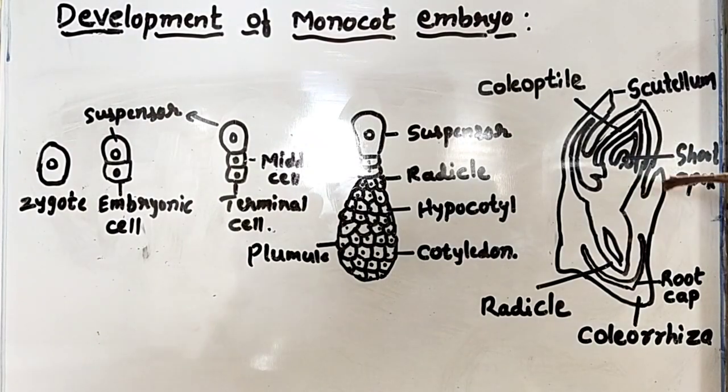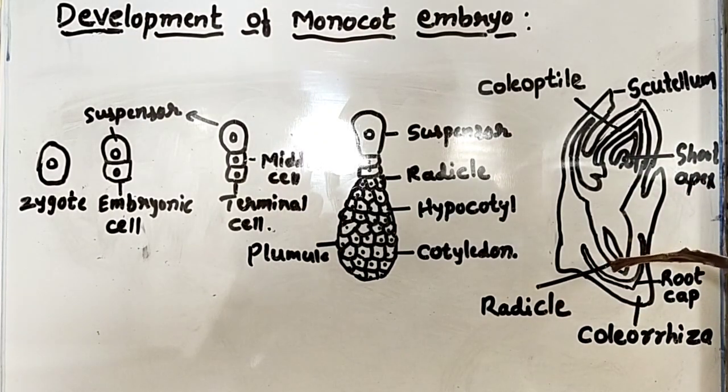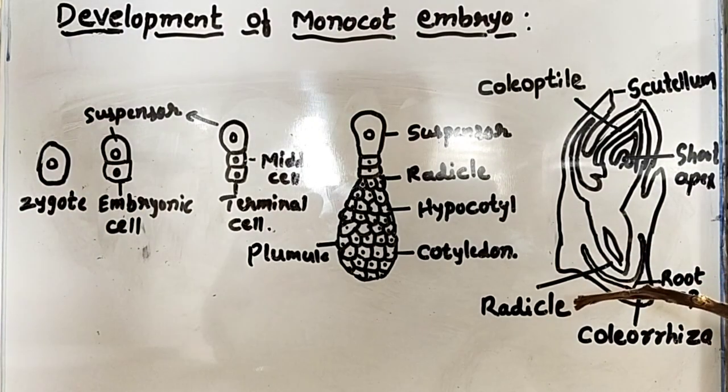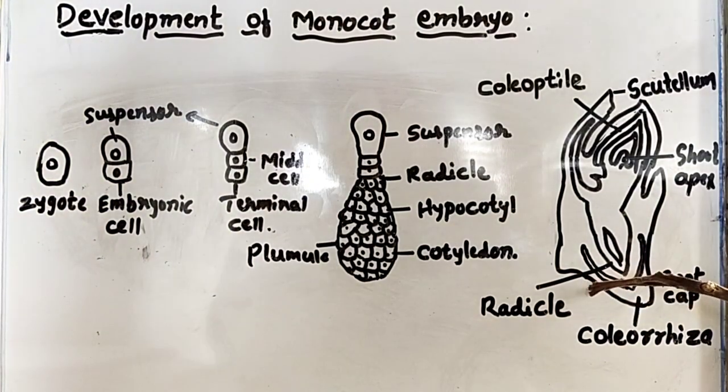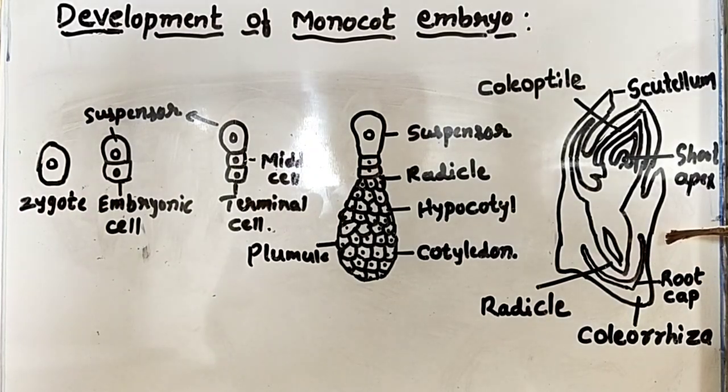Next, there is the presence of the radicle. This radicle is the root apex. It is enclosed in a covering, and that covering is known as coleorhiza.